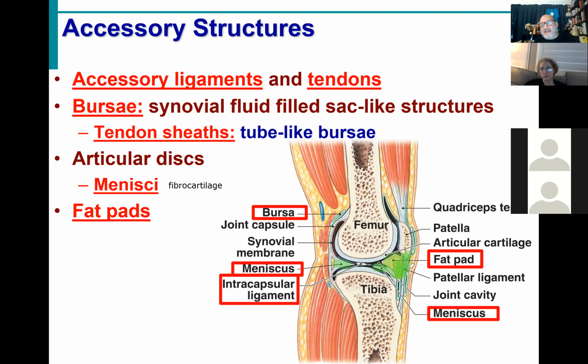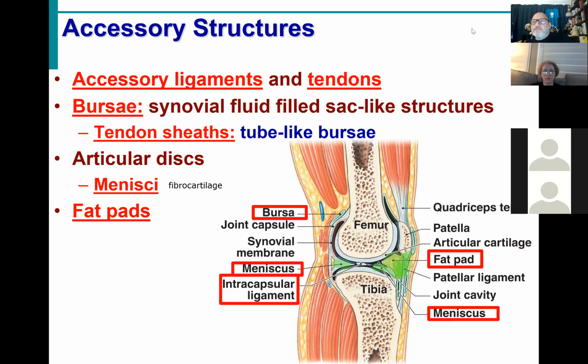So to protect that, to loosely stabilize it in place, we have a chunk of fat, which is why you can reach down and wiggle your kneecap, assuming your leg's not fully flexed. If your knee's flexed, then you can't wiggle it. But if your leg's extended, you can wiggle that because it's loosely held in place by tendons and by that fat pad.